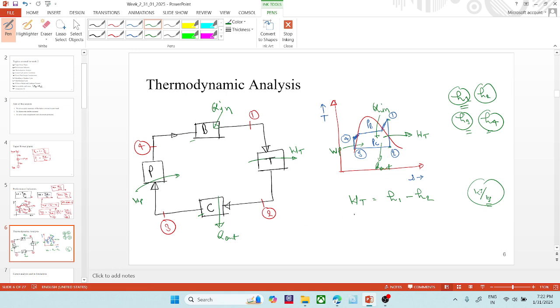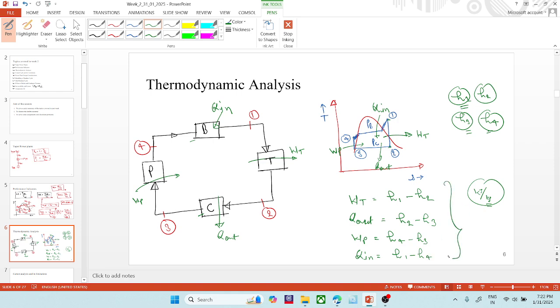Then the Q out in the condenser would be H2 minus H3. Then pump work would be H4 minus H3. Then the heat added in the boiler, Q in, would be H1 minus H4.